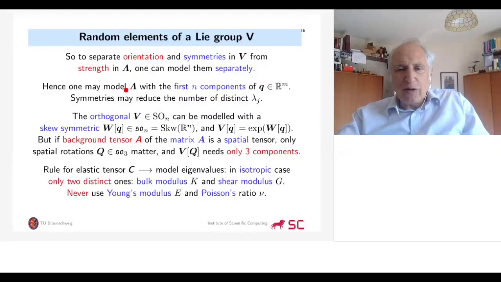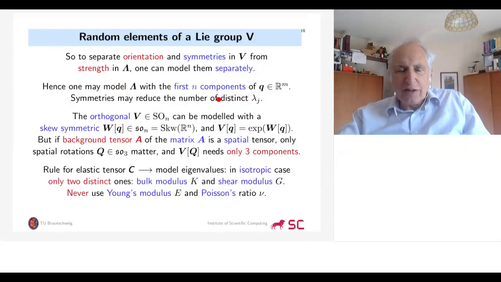So what you can do is model the diagonal matrix, which has length n, with the first n components of this vector q in R^m. And the rest you take to model the orthogonal matrix V. But if you have symmetries, the number of distinct lambda_j's is often reduced.